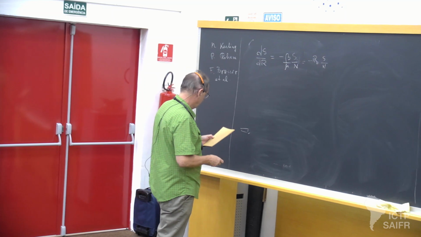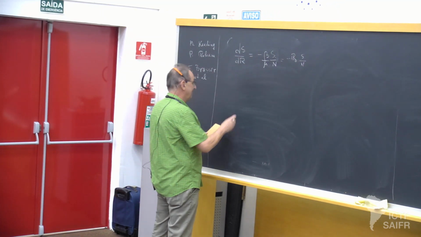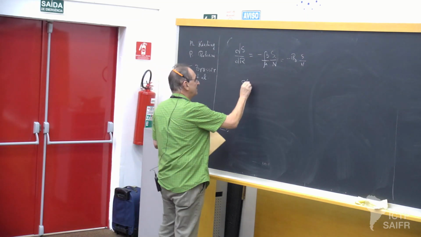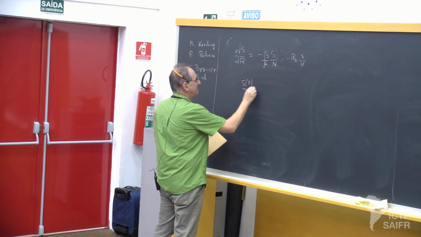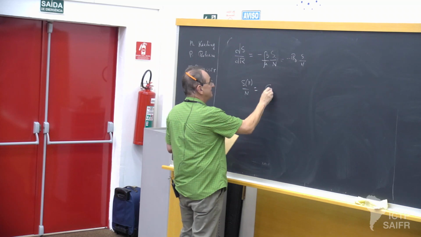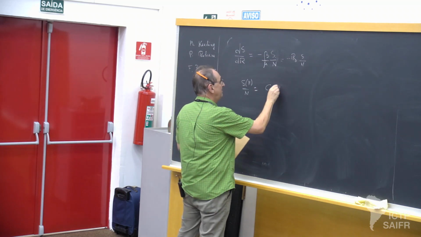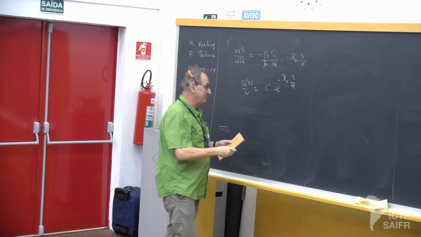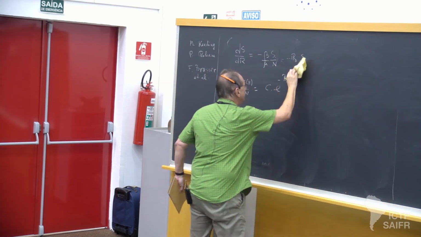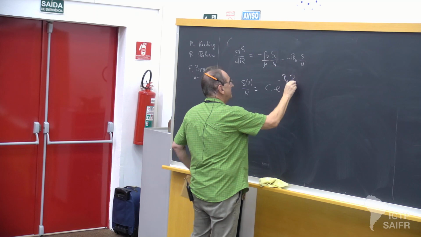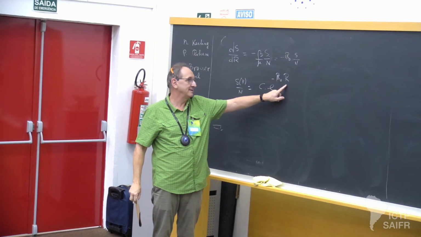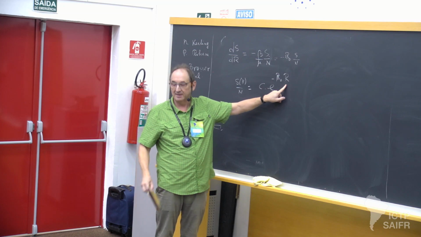So this will give you S of R divided by N equal to a constant times e to minus R0 S over N times R. Oh, R0 S over N times R. Pay attention: R0 is the reproductive number, and this R is the number of recovered.